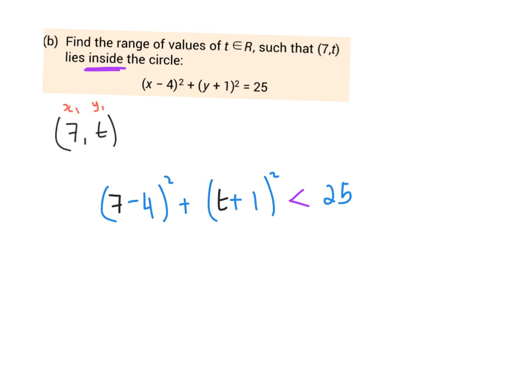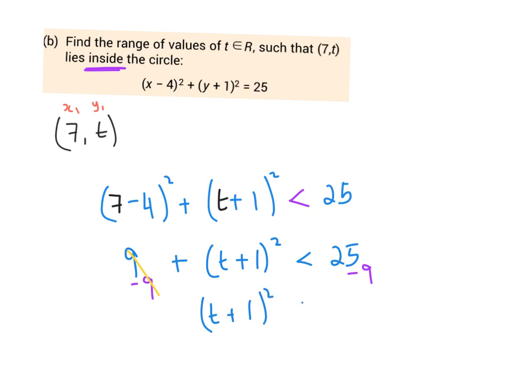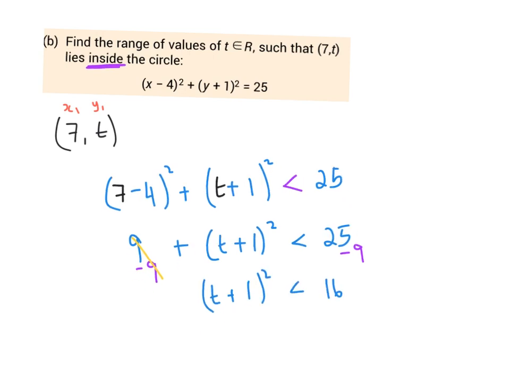which is 3 squared, which is 9, plus t plus 1 all to be squared less than 25. Well, here I'm just going to do this the quickest possible way for myself. So subtracting 9 from both sides, they cancel, and I get t plus 1 all to be squared is less than 16.